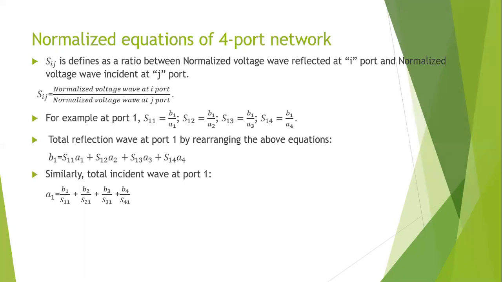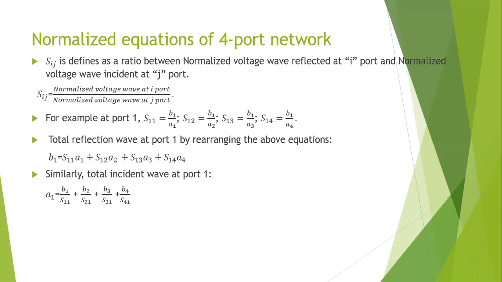For example, considering port 1 in this 4-port network, S11 equal to B1 divided by A1, S12 equal to B1 divided by A2, S13 equal to B1 divided by A3, S14 equal to B1 divided by A4.